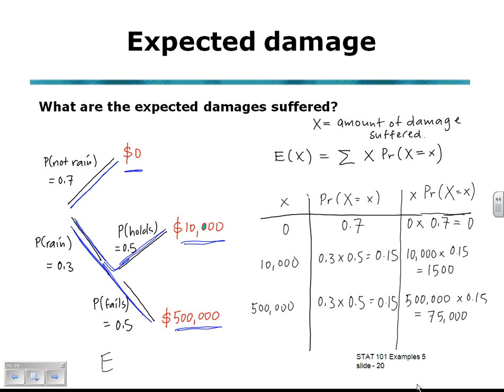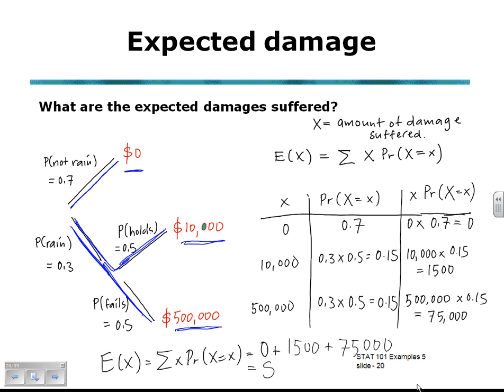In the formula, the expected value of x is the sum of the x's times their probability. Adding up this third column will give us that sum. We'll be adding 0 plus 1,500 plus 75,000.